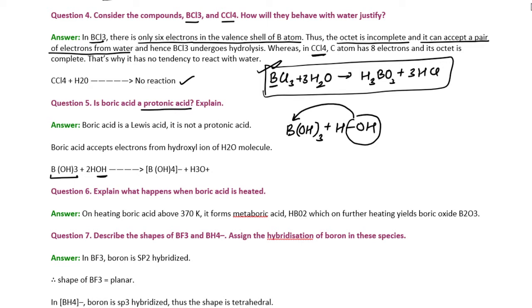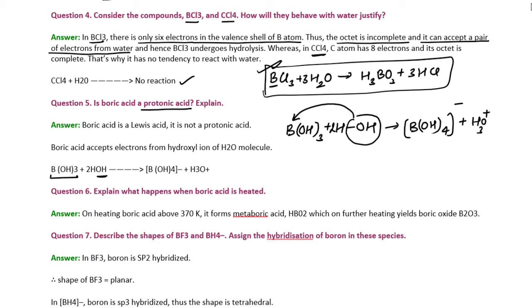It accepts an electron pair, forming B(OH)4 negative, and then the H plus ion is provided by the water itself, or you can write H3O plus if you write 2 H2O. Right?